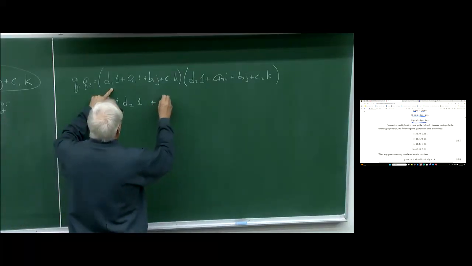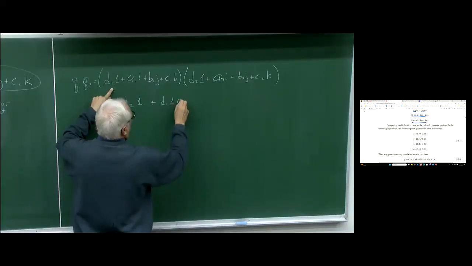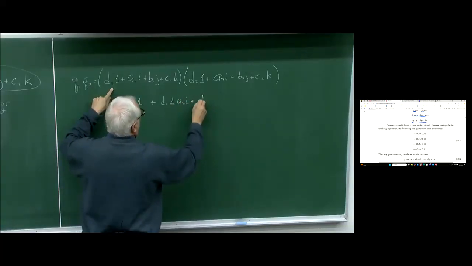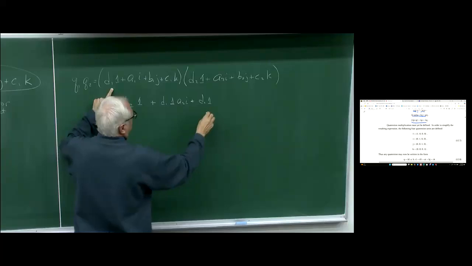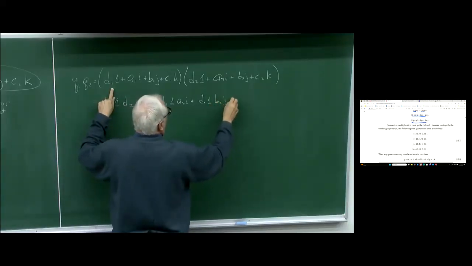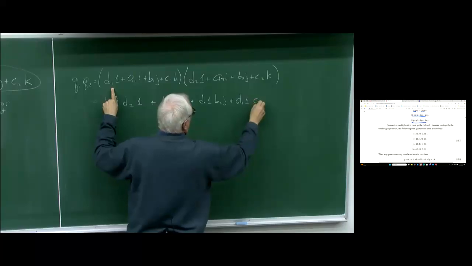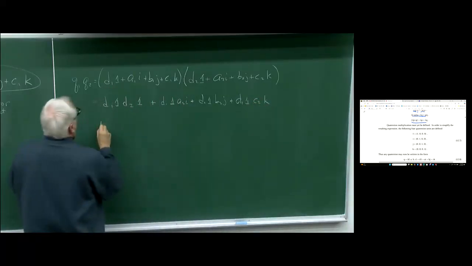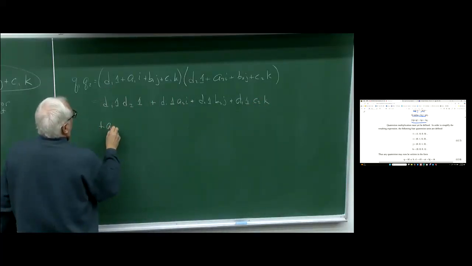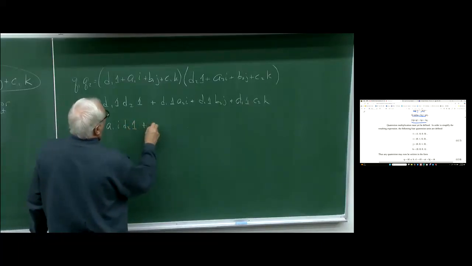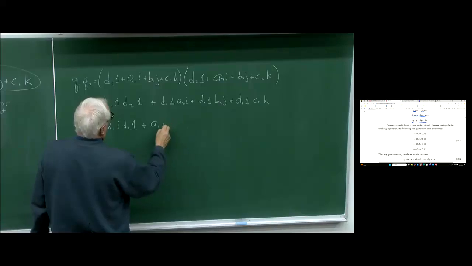So I've got plus D1 times quaternion 1 times A2i plus D1 quaternion 1 times B2j plus D1 quaternion 1 times C2k. And then I've got A1i times D2 quaternion 1 plus, so we're not doing anything magic, right?